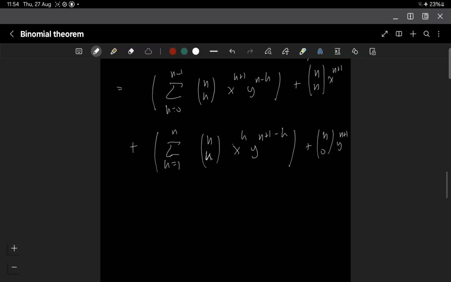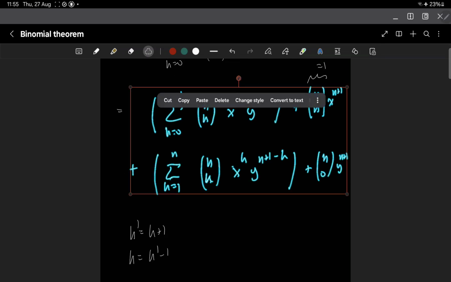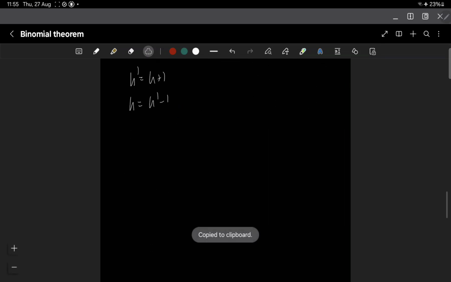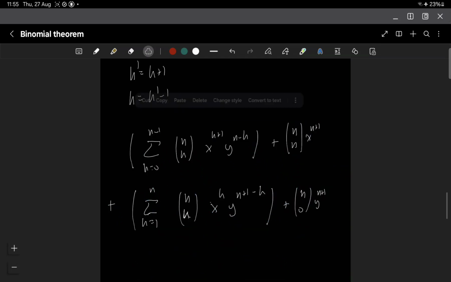So the way to do this is to substitute in the first sum k prime equals k plus 1, or the other way around, k equals k prime minus 1. So I'm just going to copy all of this and paste that in here, right?